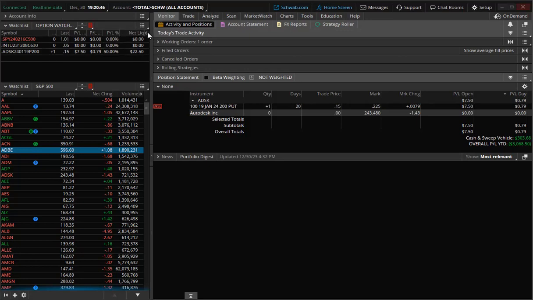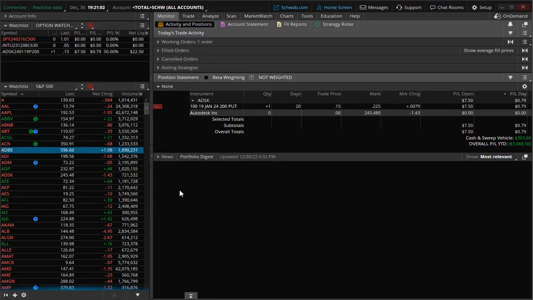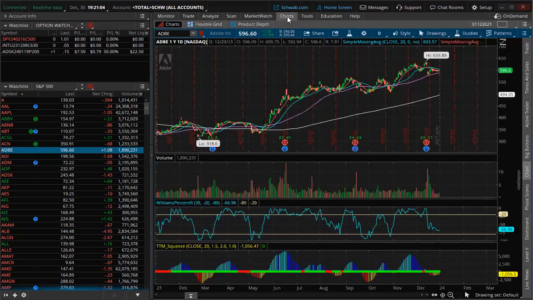But if you want any other, just click on the little customize and you can customize it any way you want. But this is the way I customize mine. And that works and tells me the information that I want when I'm trading, especially when I'm trading multiple options.